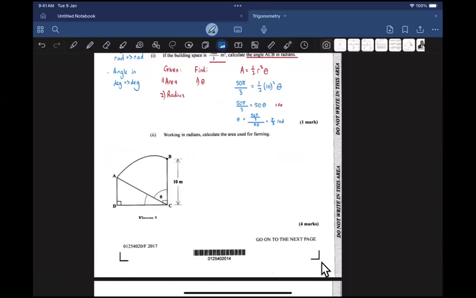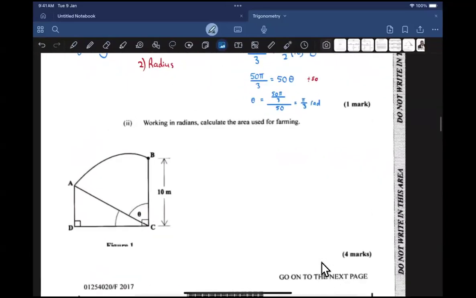So Kira, what we want to figure out in part two is the area used for farming. Could you tell me what was the area used for building? Was it ADC or ABC? Which one was used for building? It was ABC.